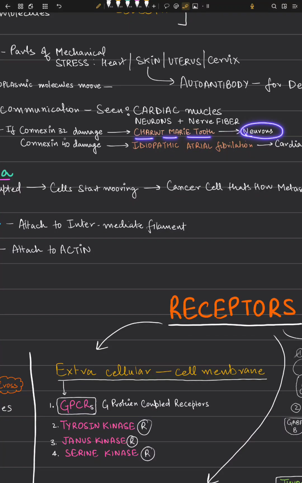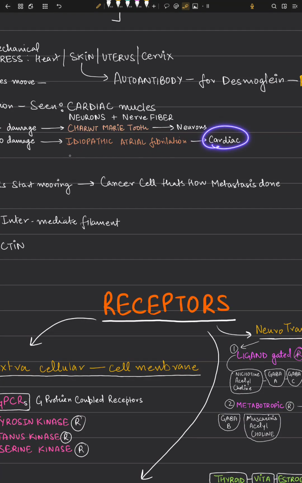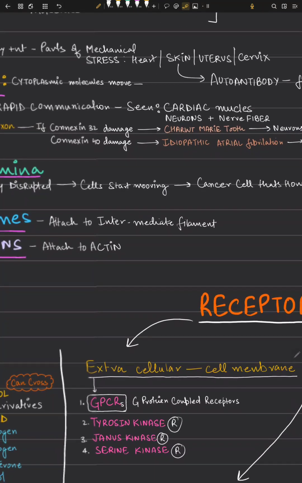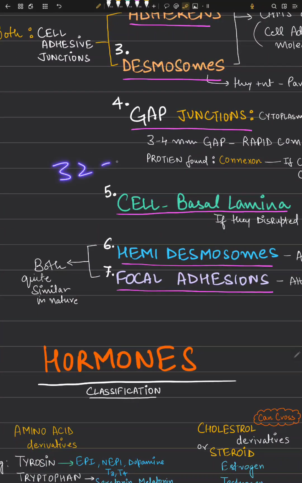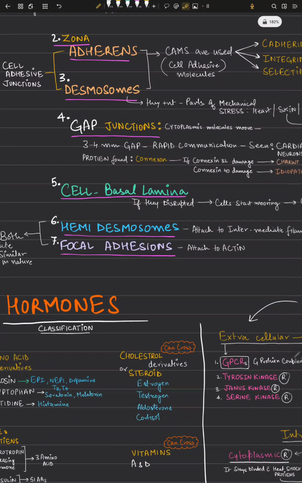It's the neurons that are damaged. If connexon 40 is damaged, I'm talking about cardiac failure, idiopathic atrial fibrillation. So if your 32 is damaged, that's neuro. If 40 is damaged, that's cardio. So, okay, remember this. I don't know how to remember this. 32 stands for neuro.